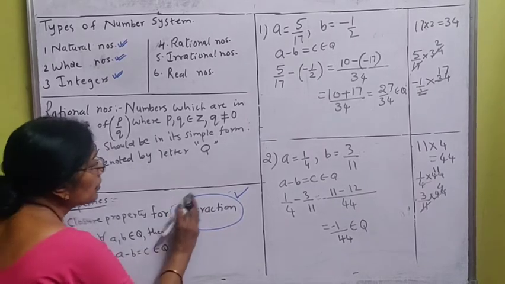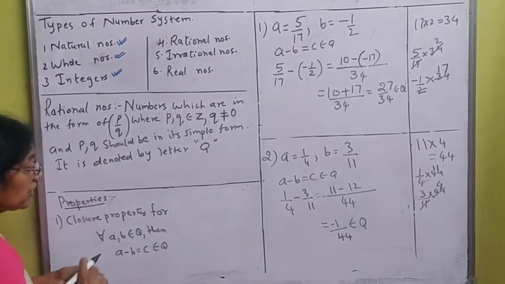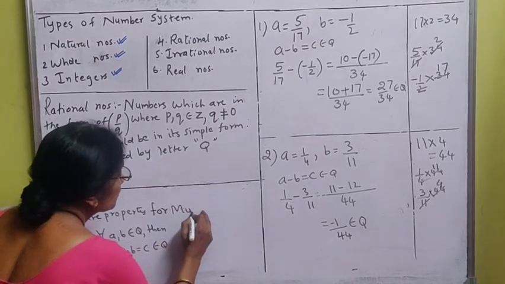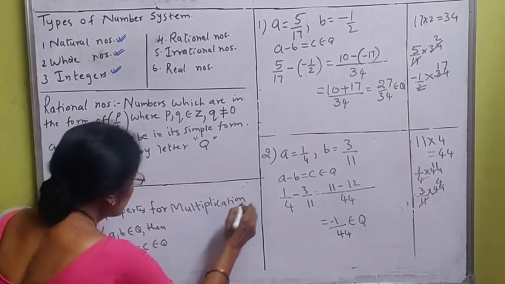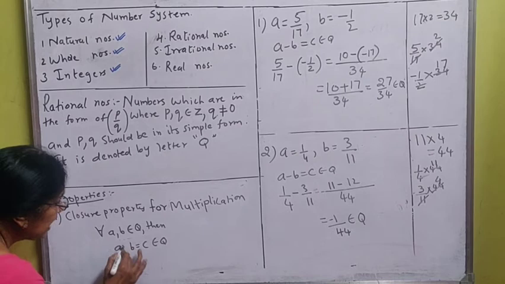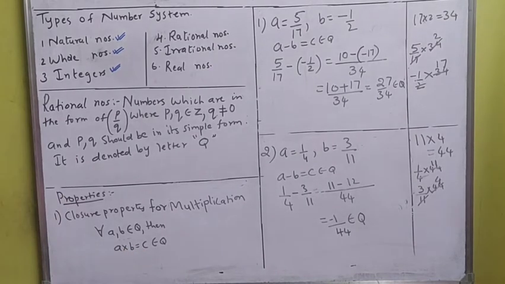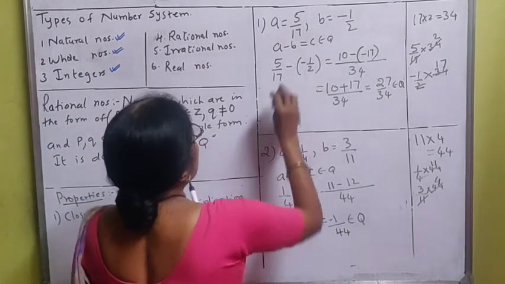Now let us go to the third fundamental operation, that is closure property for multiplication. So what is the closure property for multiplication? Everything is the same, but here the sign changes. It will become A into B is equal to C. Now let us take the example.